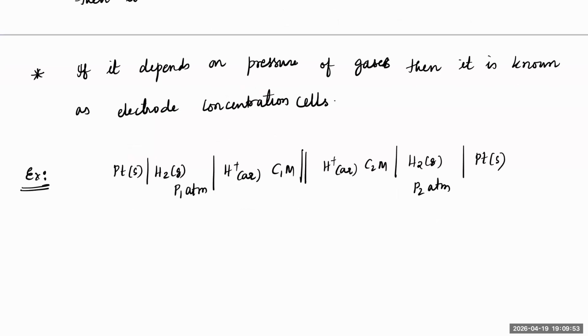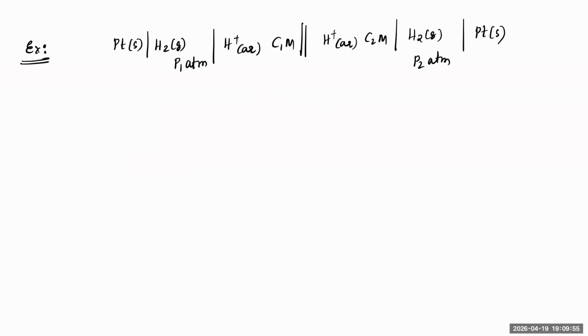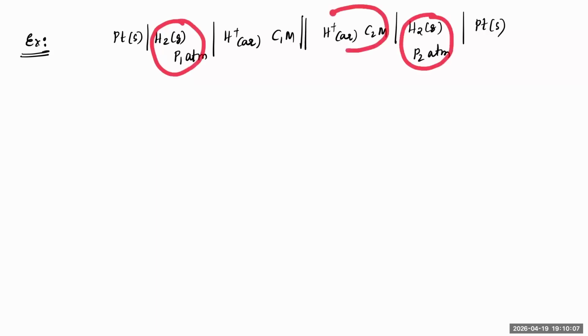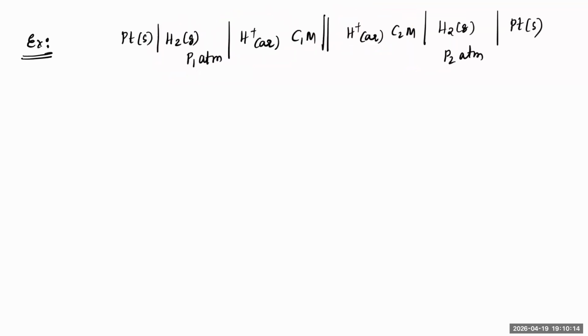Let me show you with an example. Suppose on the anode side I have a gas electrode, and on the cathode side I have a similar gas electrode, but the gases are maintained at different pressures and the concentrations of the solutions are different. Then what will be the oxidation half reaction and what will be the reduction half reaction? Let me write that.